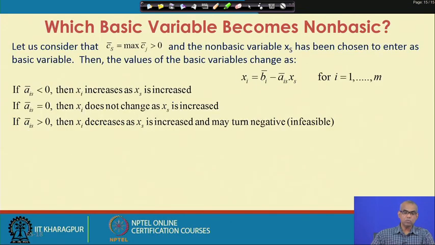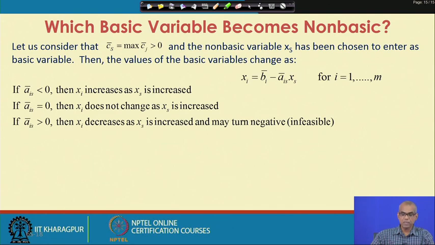So, you understand now which non-basic variable enters basis, but then which basic variable leaves basis, that means which basic variable becomes non-basic. Let us consider that Cs equal to max Cj bar which is greater than 0 and the non-basic variable xs has been chosen to enter as basic variable.